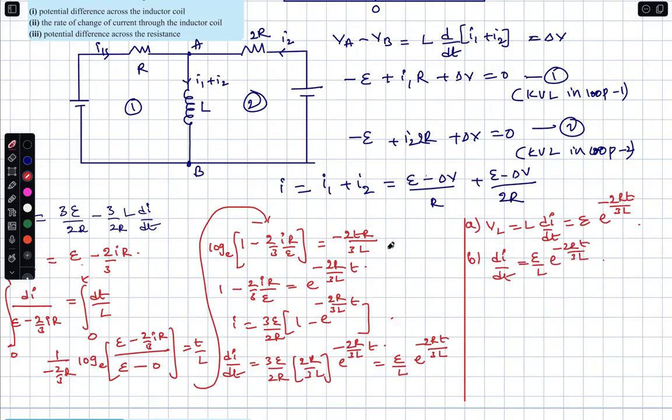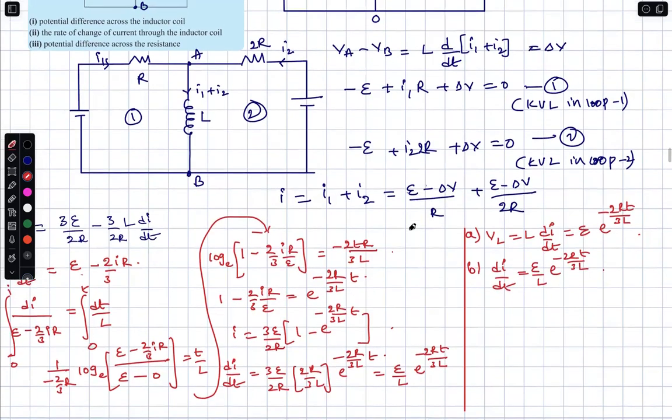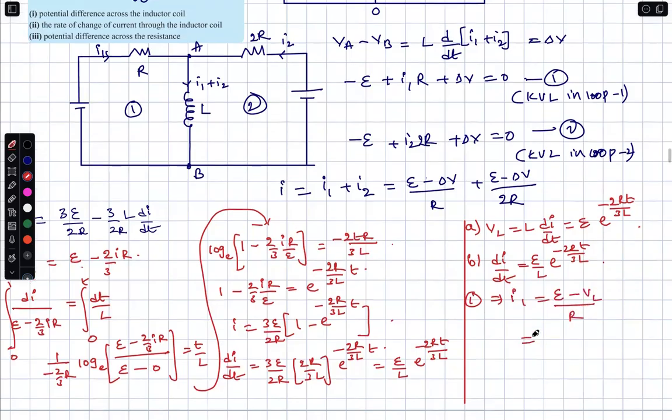Third question, potential difference across the resistance. Which resistance you did not mention? Even then I can give. How will I explain? Now you take equation 1. From equation 1, you can write I1 as E minus potential drop across the inductor, divided by resistance.